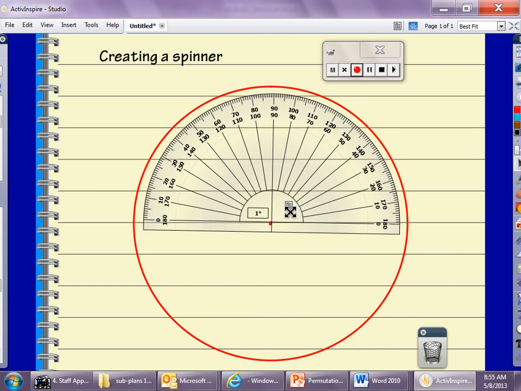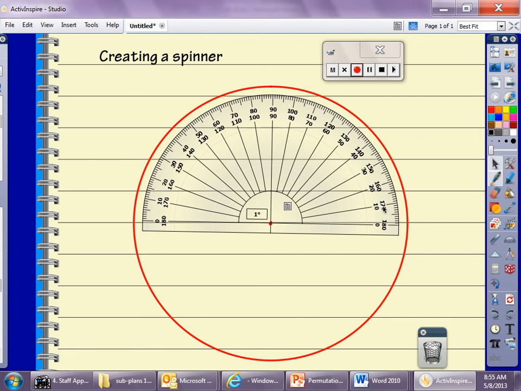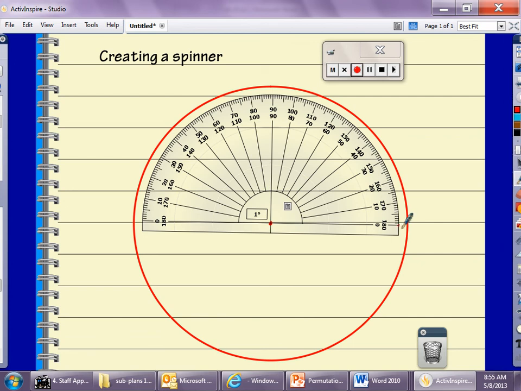Which is easier said than done on the computer. All right, and then what we're going to do is mark our beginning point, which is here. Okay, now if we want to make it, let's say, 6 sides, we're going to make a mark at 60 degrees. Okay?